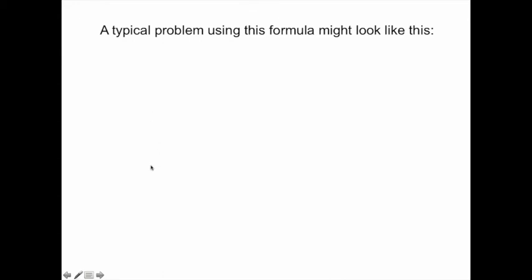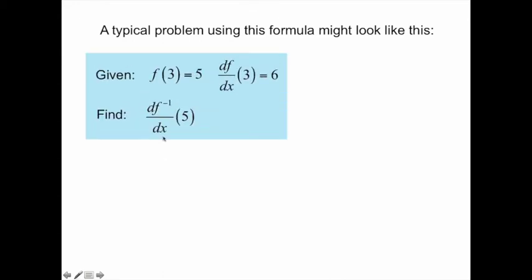So if we look at a typical problem here, let's say we have a function, and when x is equal to 3, y is equal to 5, and at 3, the derivative is equal to 6. So we have this point 3 comma 5, and at 3 comma 5 we have a slope of 6. Okay, so what is the derivative of the inverse at 5?